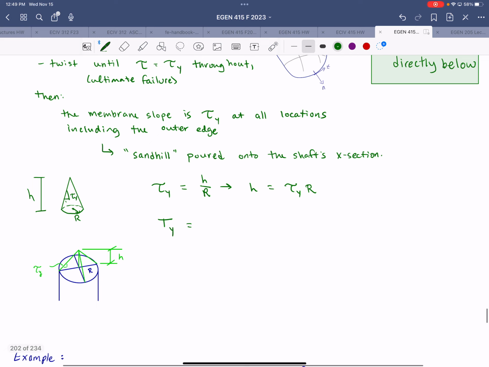All right, so remember from the first page of this set of notes, the yield torque for a circular cross-section was equal to pi over 2 times r cubed times the yield stress.